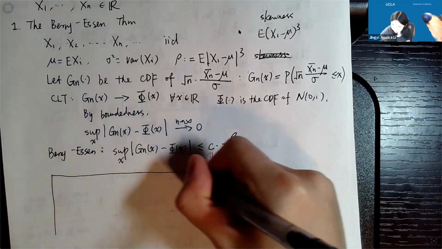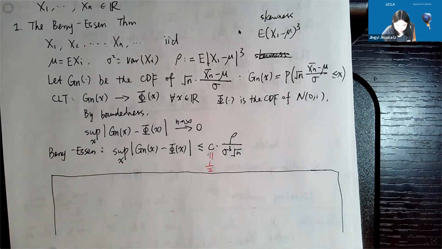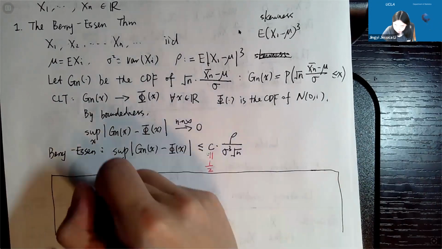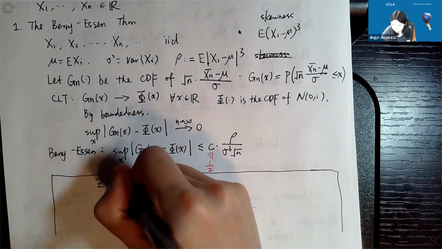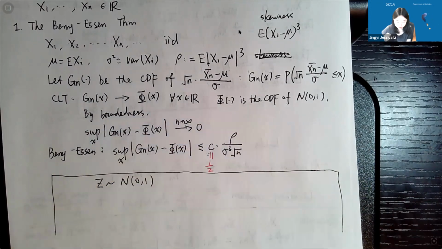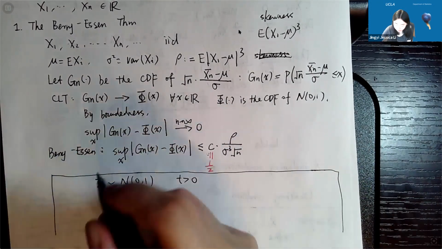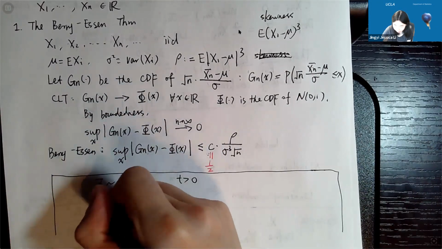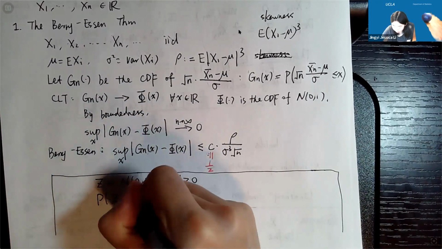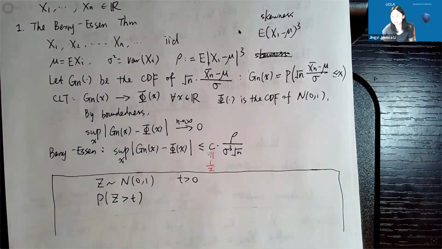What came to my mind is that if you have this random variable z that follows standard normal, and let's say t is greater than 0, if I'm interested in the probability that z is greater than t, how can we approximate this?